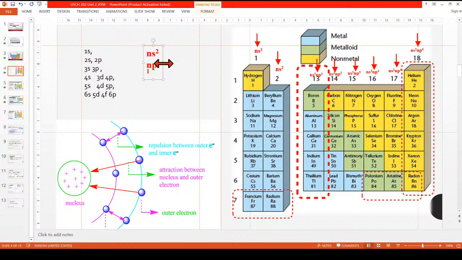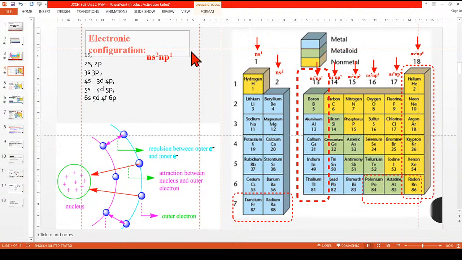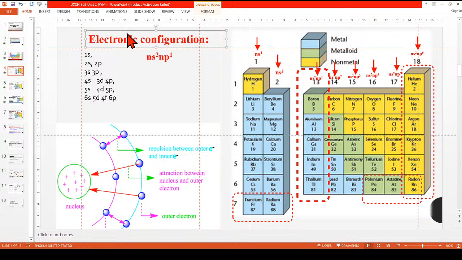So for any element you can make the electronic configuration. इलेक्ट्रॉनिक कॉन्फ़िगरेशन कोई भी एलिमेंट का आप निकाल सकते हो.